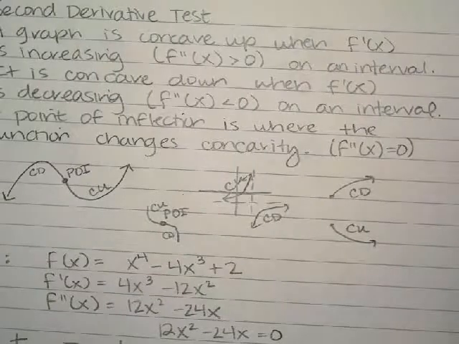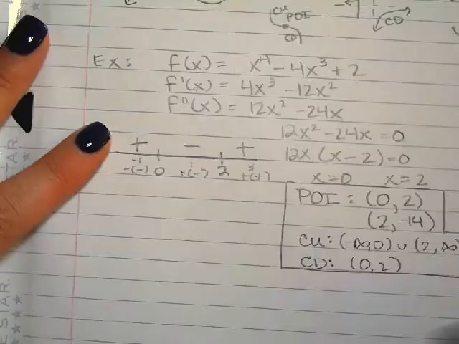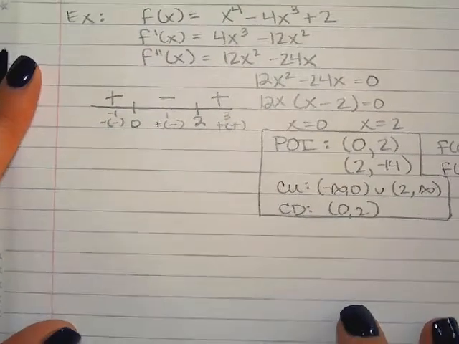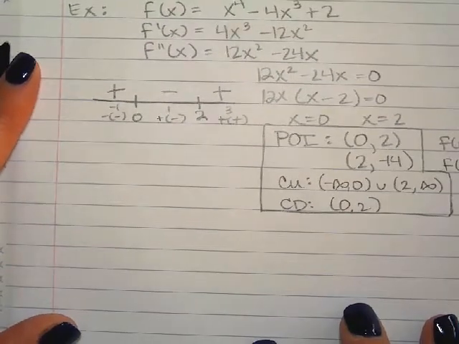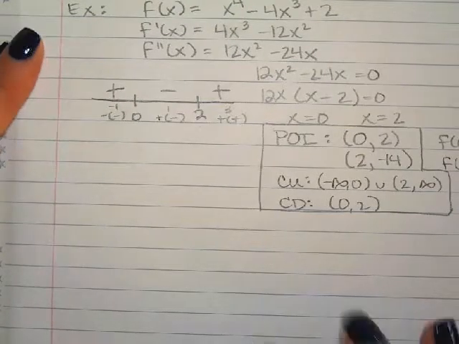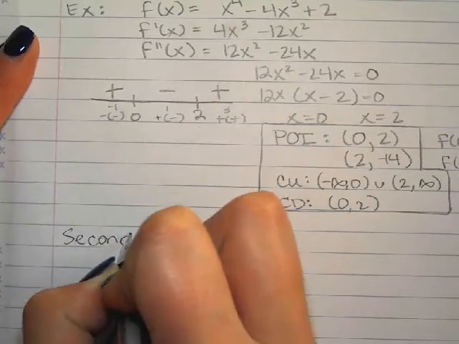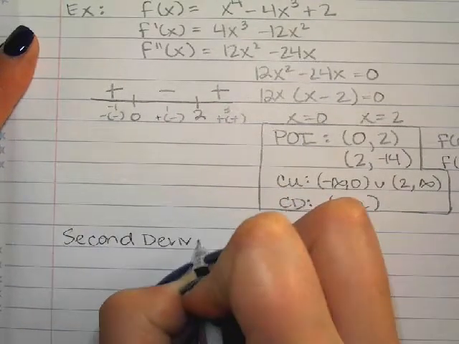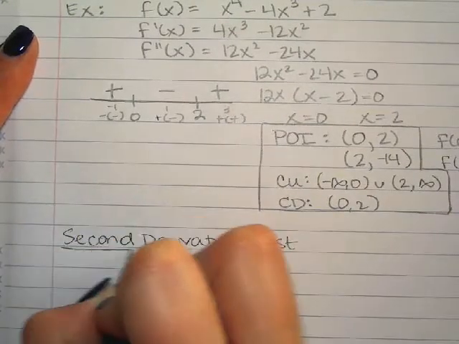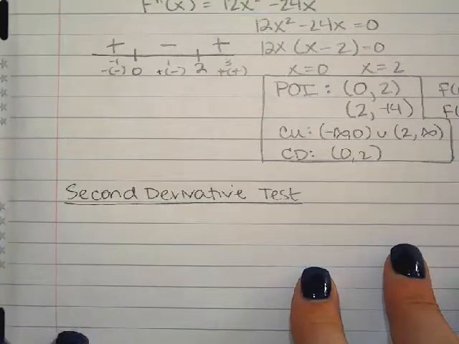All right. Okay. Now we are going to move on, and now we are actually doing the second derivative test, which means what are we finding? Maxes and mins. So the second derivative test means that we are officially moving on, and now we're actually going to find maxes and mins.